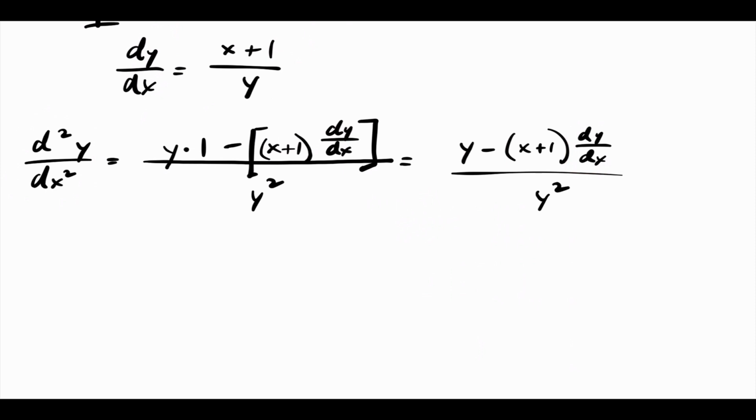I'm not going to solve for dy dx because there's a d squared y over here, and plus, am I looking for the first derivative? I'm not. So this is where it gets a little different. I know what dy dx is equal to, don't I?